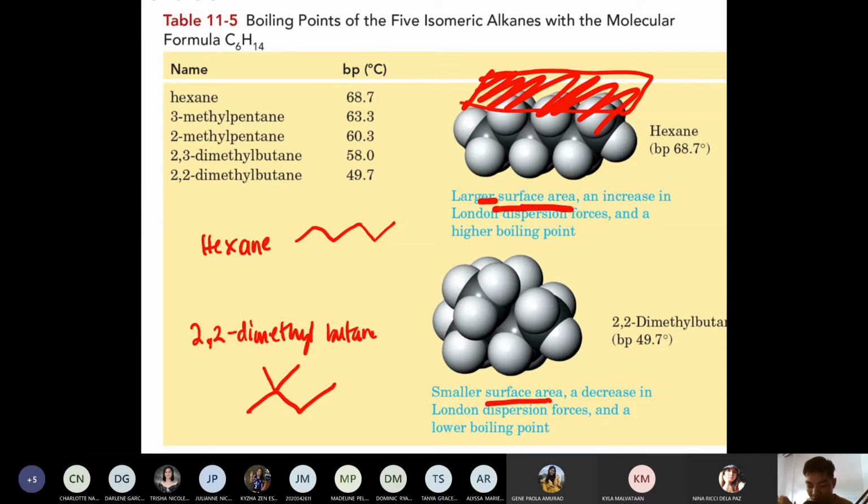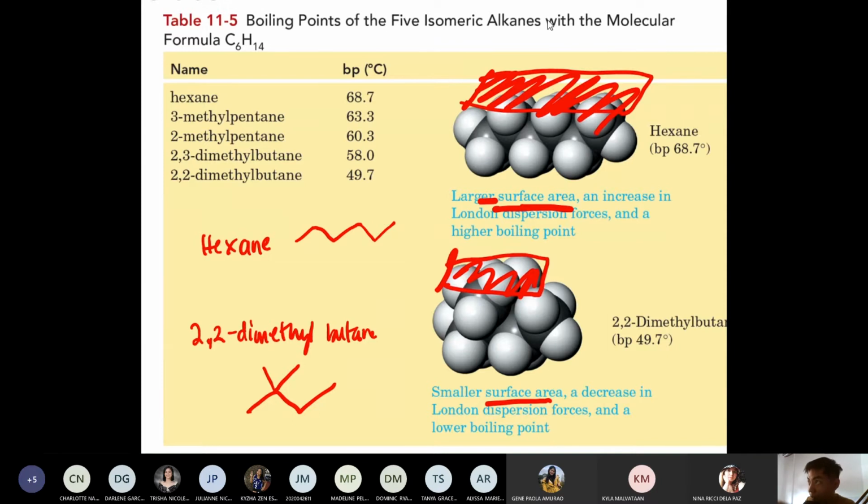Okay? However, if we have a small surface area because of the branching, because of your substituent, since bumababa yung iyong surface area, that means your London dispersion forces decrease as well. Bakit? Kasi onti lang yung kakabitan ng other molecules sa molecule mo compared to the long chain, no?